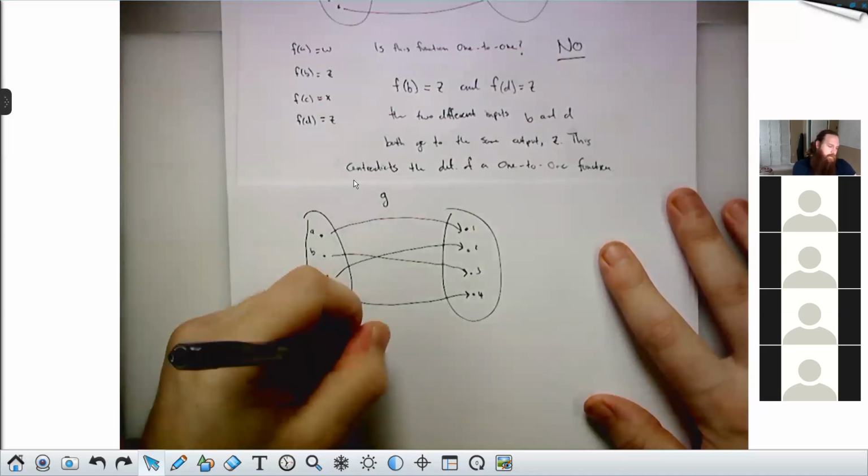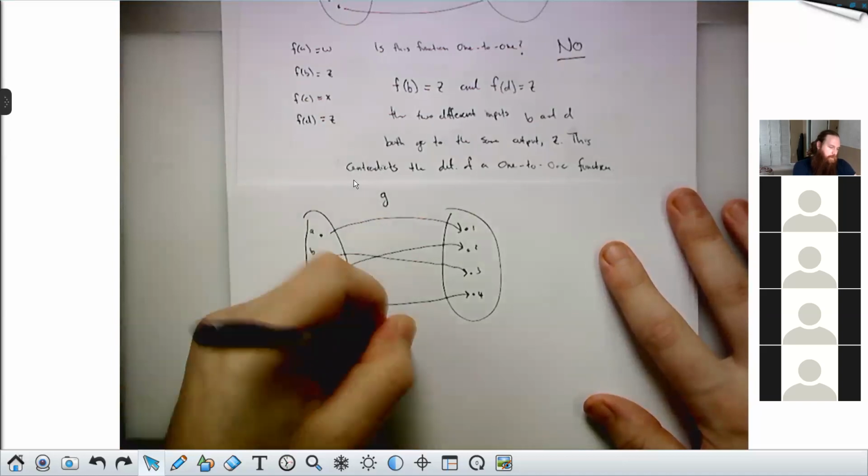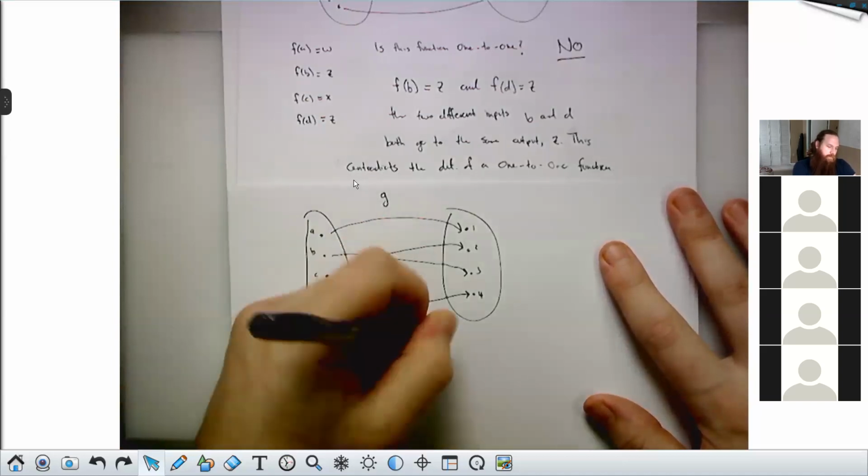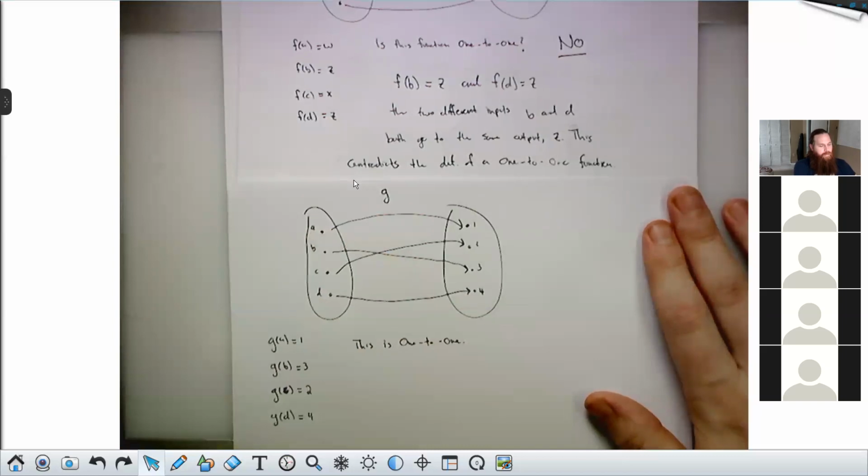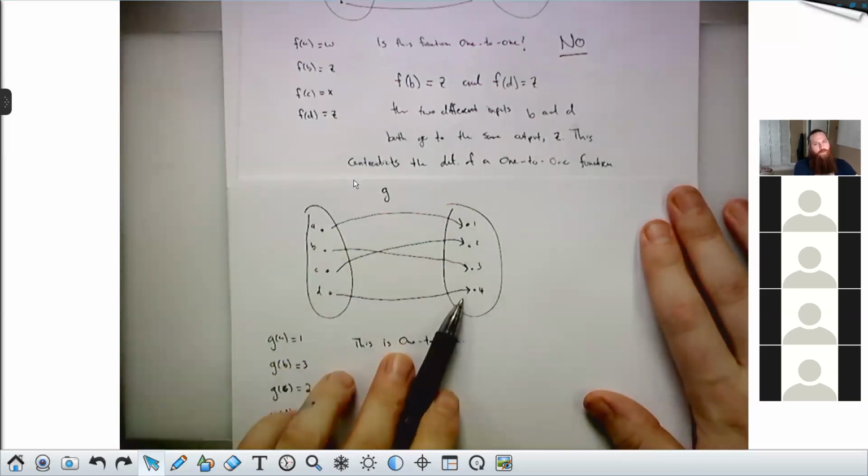This function is one-to-one, because every input goes to one and only one output.